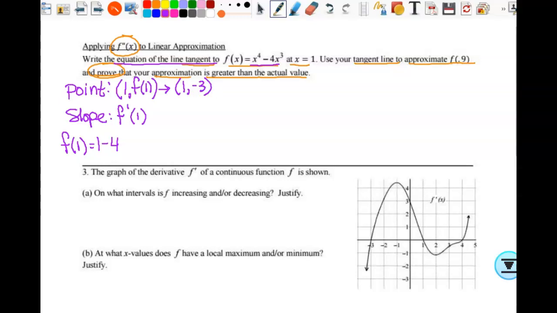In order to find f prime of 1, I need f prime. So let's do that. f prime of x is 4x cubed minus 12x squared. You agree with that? So then f prime of 1 is just going to be 4 minus 12, which is negative 8.